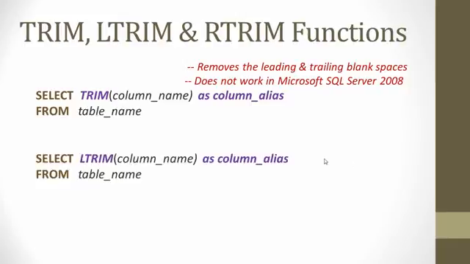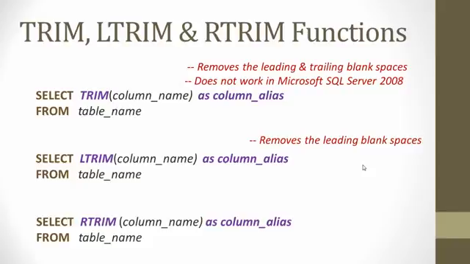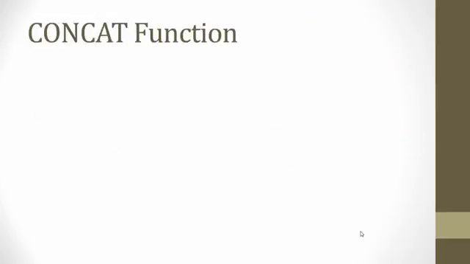So ltrim removes the leading blank spaces, that is the blank spaces towards the left side of the column, or the characters actually. Rtrim is going to remove the trailing blank spaces, the ones towards the right side, following your characters, whatever spaces are there, then those are going to be removed.